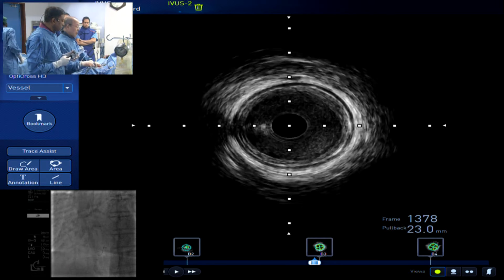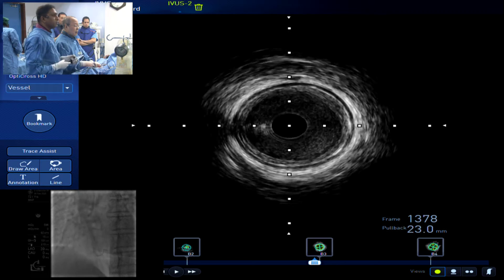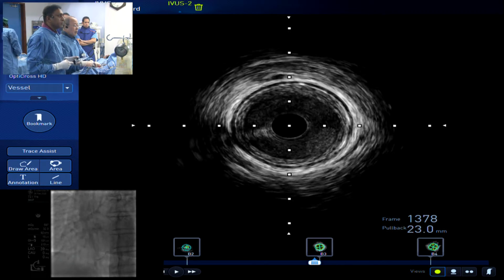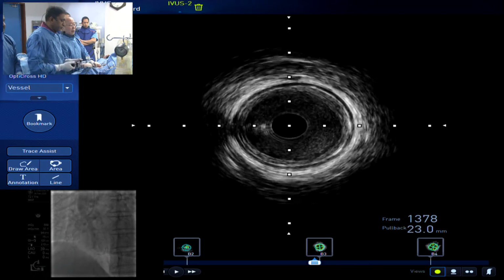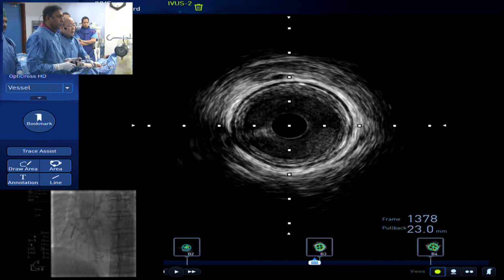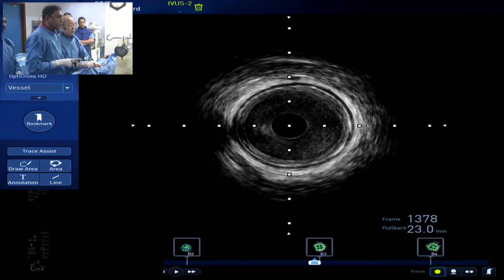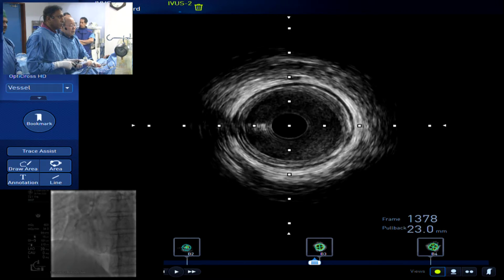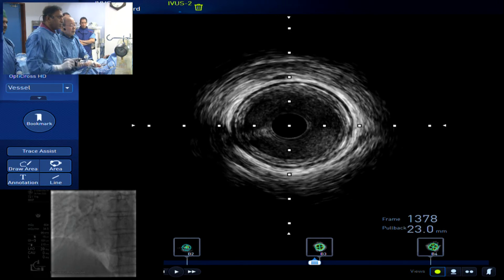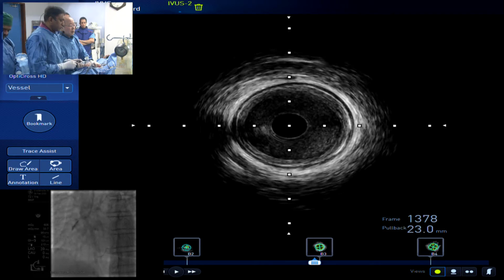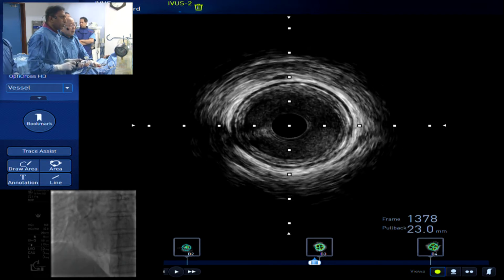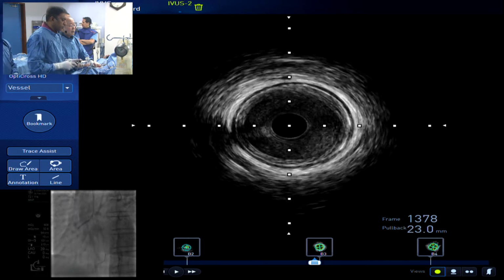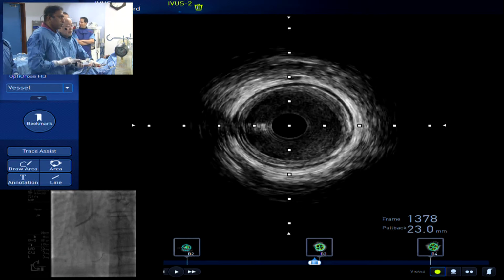Yeah, it's a small radial. Oh, I see. The patient developed some spasm. It's a 7 French, all right? Okay. Go. 16. 16. Okay, 16. Yeah, 2.5. 16. One more. 16. Okay.